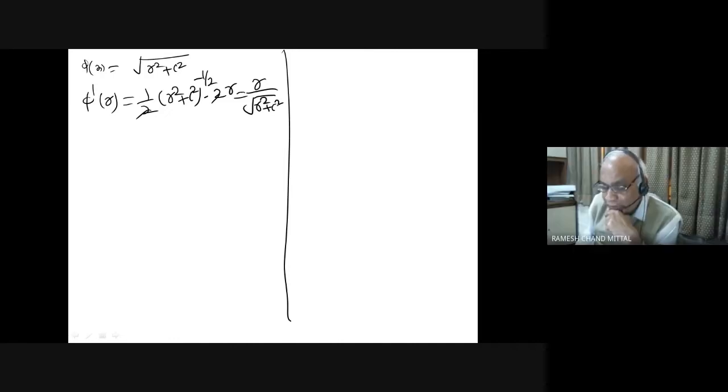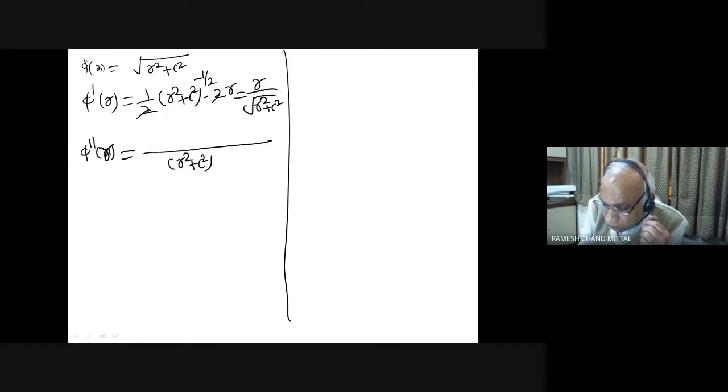Then I come to my phi double prime of r. I can write this as r square plus c square to the power minus half, minus r into half, r square plus c square to the power minus 3/2, into 2r.